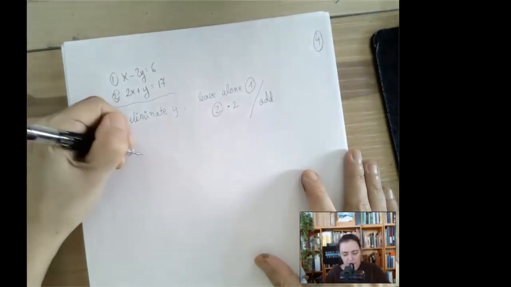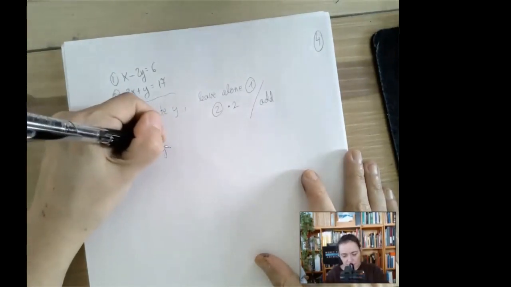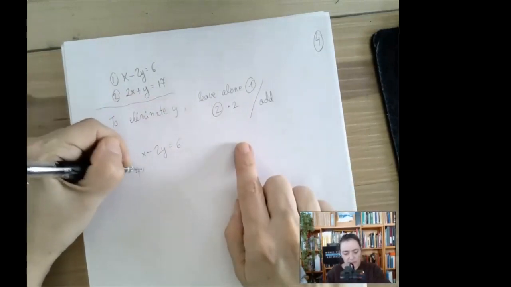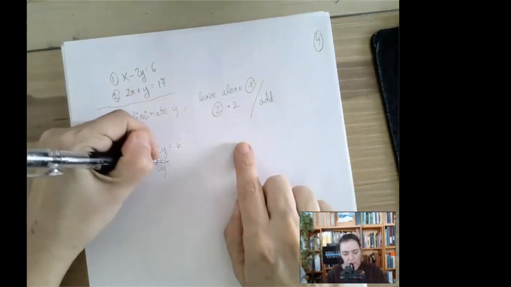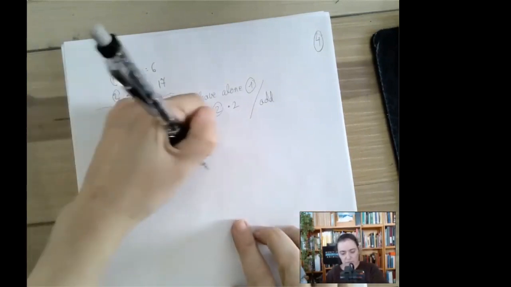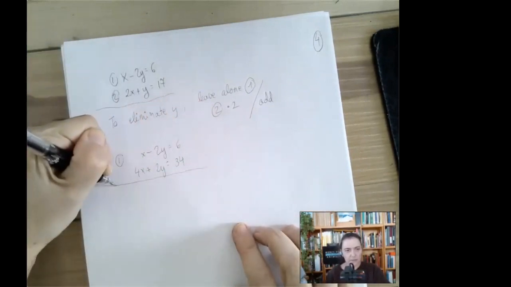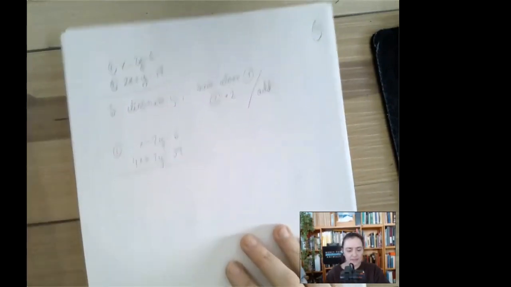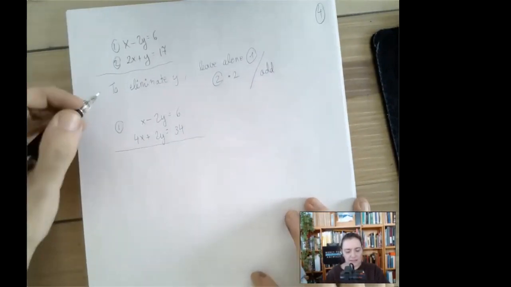So the first equation is x minus 2y equals 6. The second equation we double, 4x plus 2y equals 34. Right? That was the goal. And now when we add, y cancels.